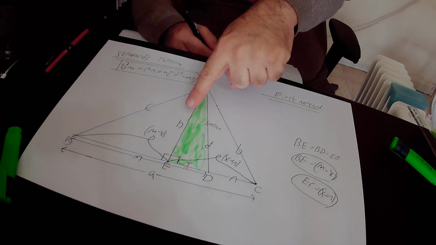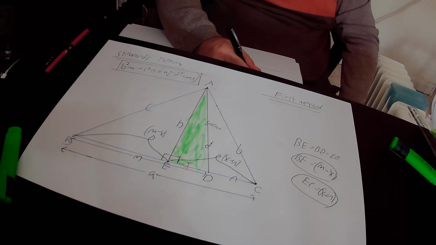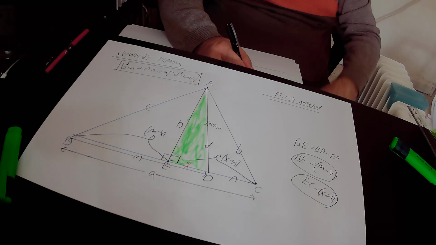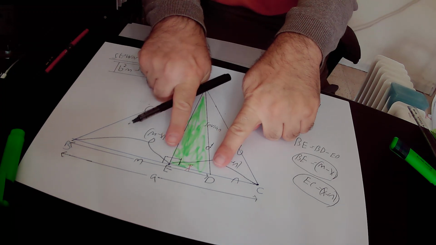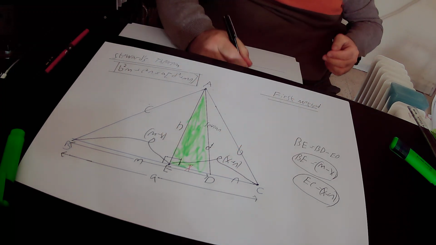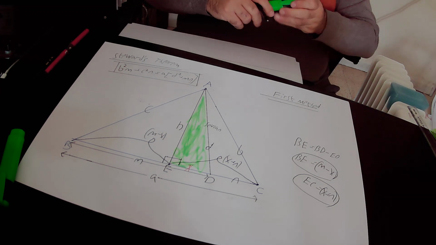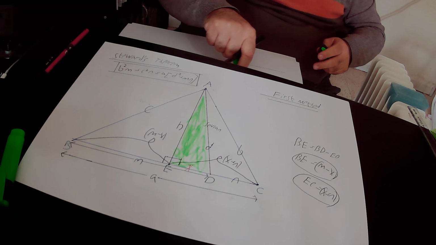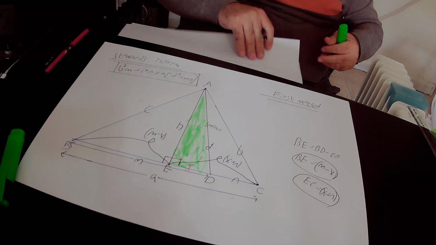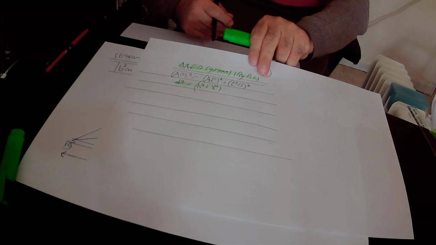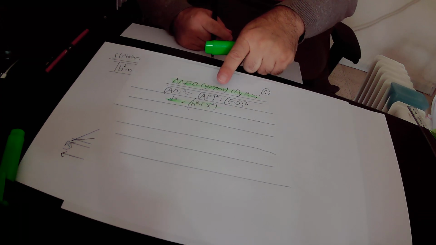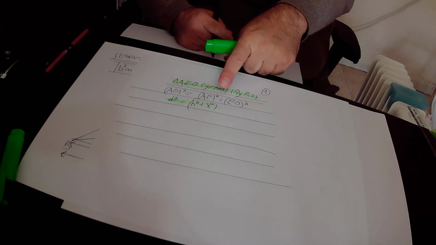AE equals h, therefore AE squared is h squared, plus ED squared. ED equals x, therefore ED squared equals x squared. In conclusion, according to the Pythagoras theorem, d squared equals h squared plus x squared.